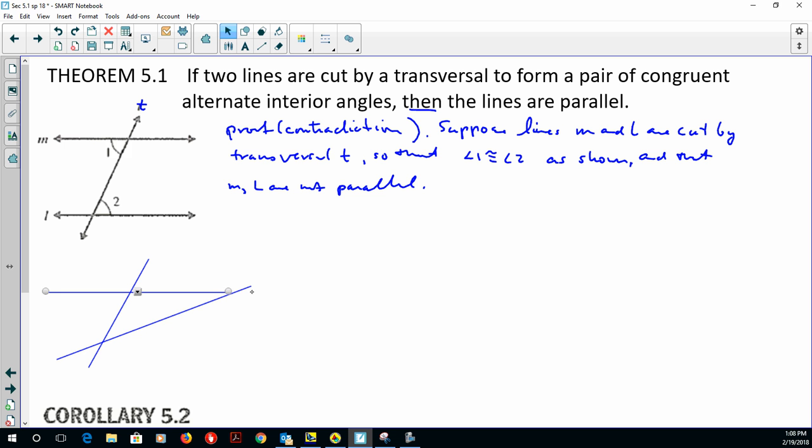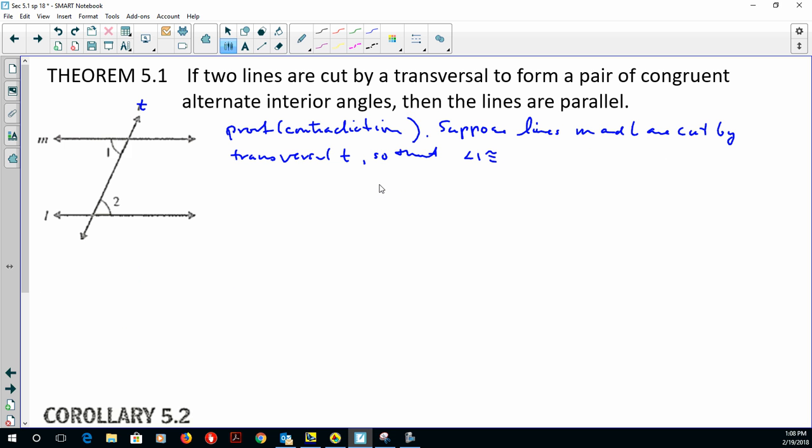In other words, let's let lines M and L be cut by transversal T at points A and B, so that angle 1 is congruent to angle 2 as shown.